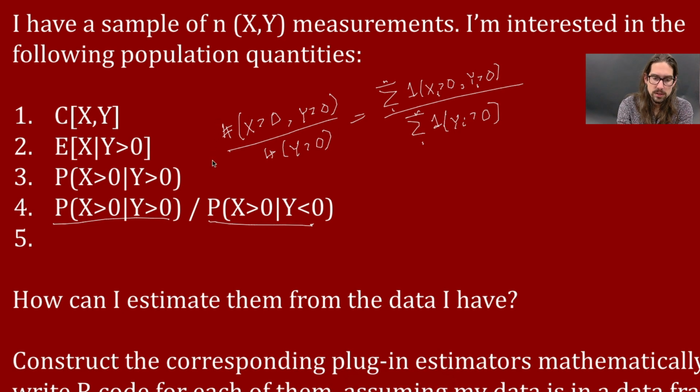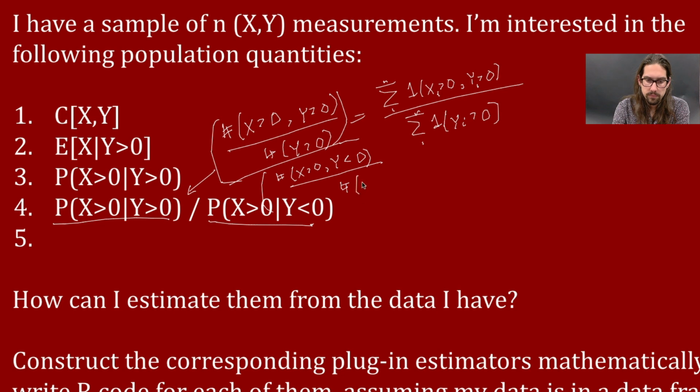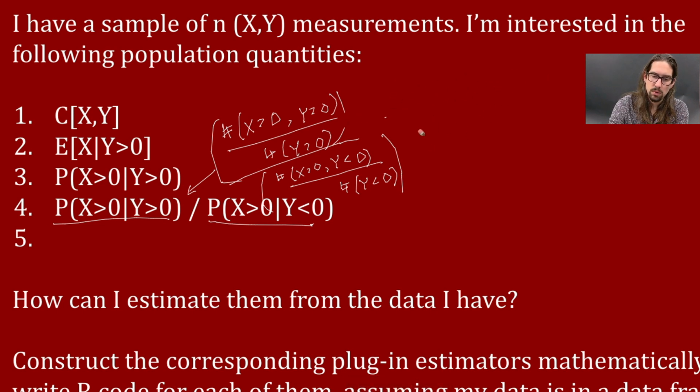So this corresponds to this, and then you need to divide that whole thing by something that looks very similar, but now with less than, y less than. I'm going to leave the more formal one off, but this is the plugin estimator for this population quantity, given whatever data set you get.